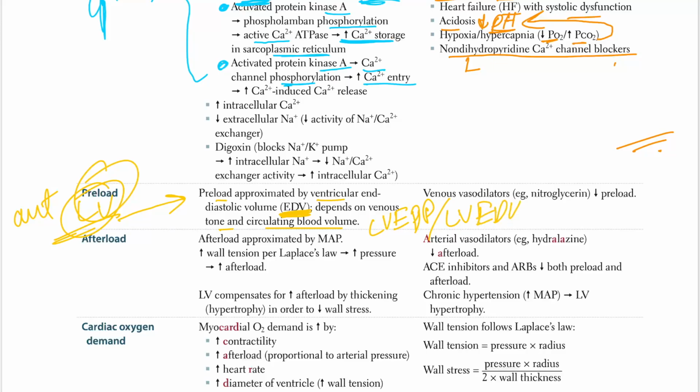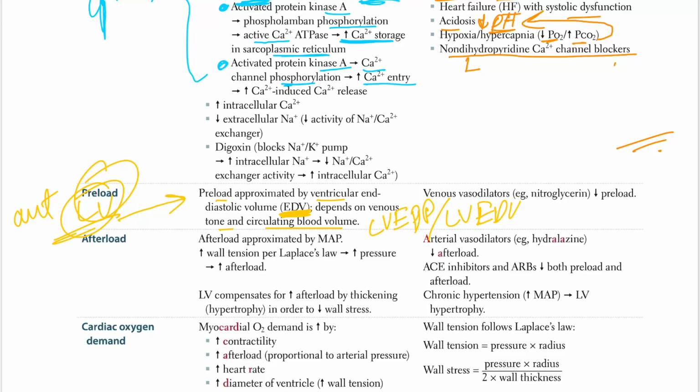Okay, so these are the things which would tell us how much preload is being within the heart, how much preload has come from the veins upward into the heart prior to the contraction, right?